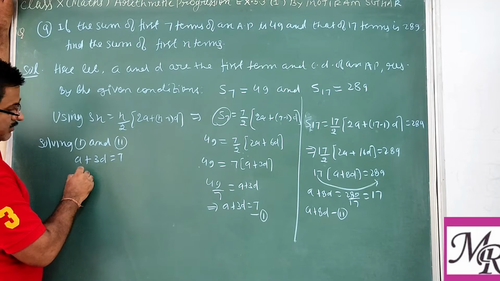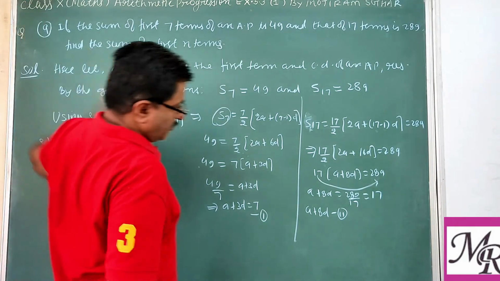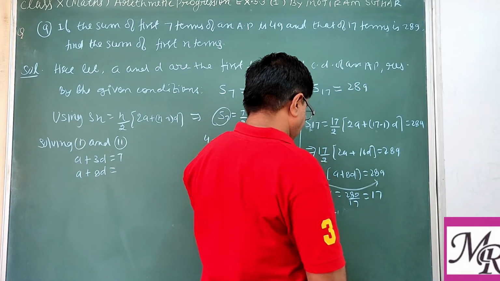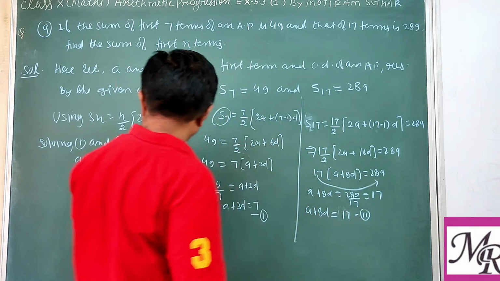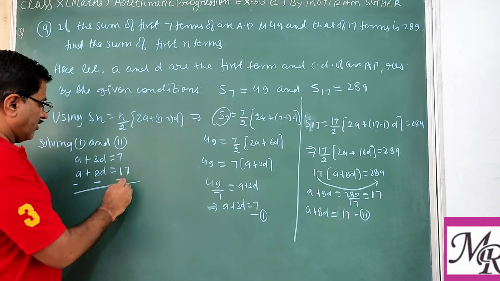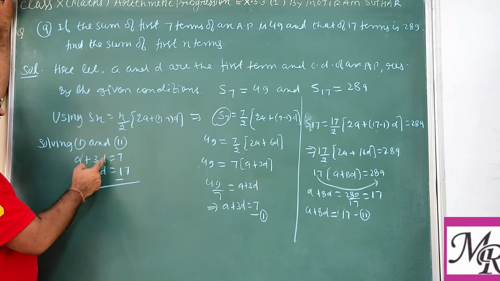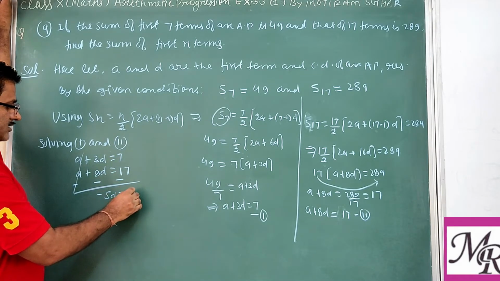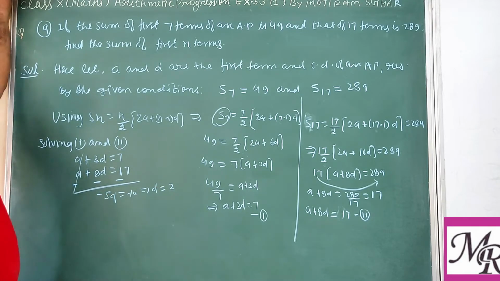Here we are using the elimination method. a plus 8d equal to 17, this is 7. So subtract second from first. So a and a cancel. 3d minus 8d, 7 minus 17, minus 5d equal to minus 10. So from this you get d equal to 10 by 5, that is 2.